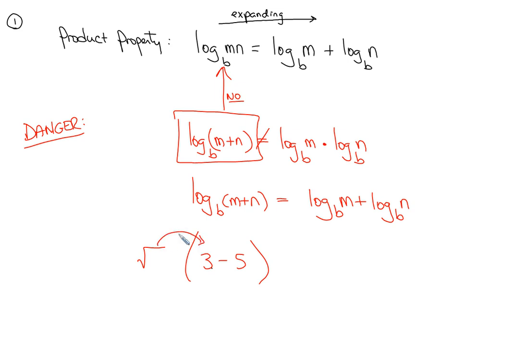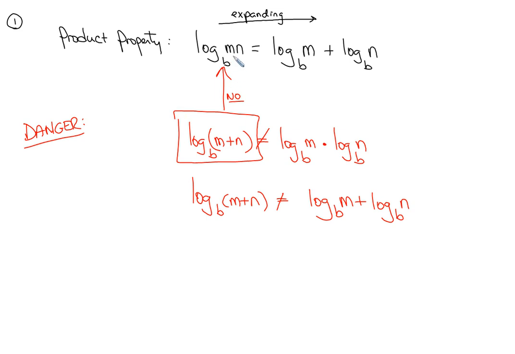You can't multiply this thing in because this is not a number. You could take a 2 and multiply it in. That's okay. But log base b without a number in it is not a number that can be distributed. So this does not distribute. Do not make these common mistakes, okay? Questions about the product property?